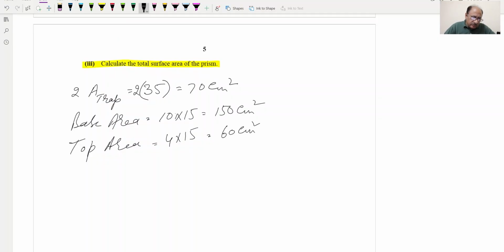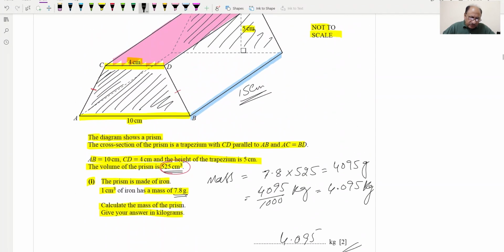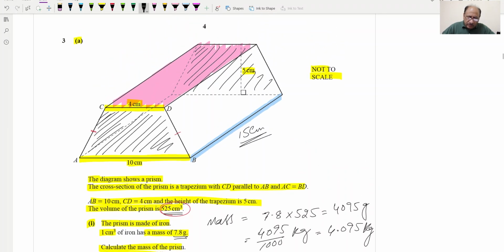And now the slanting sides. There are two slanting sides which are similar, because they have mentioned that AC is equal to BD. For the slanting side we require the slanting height.